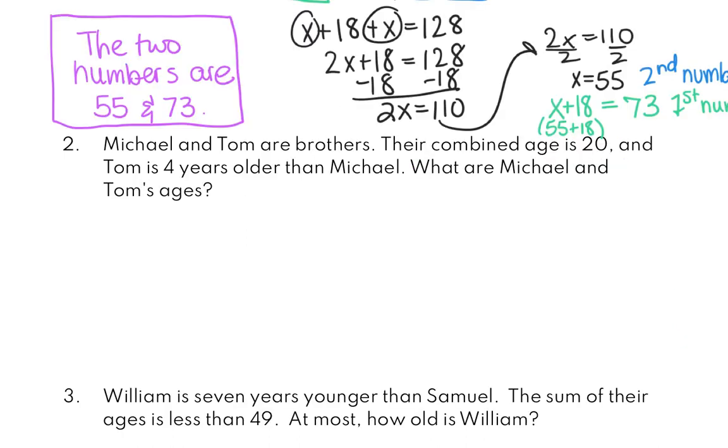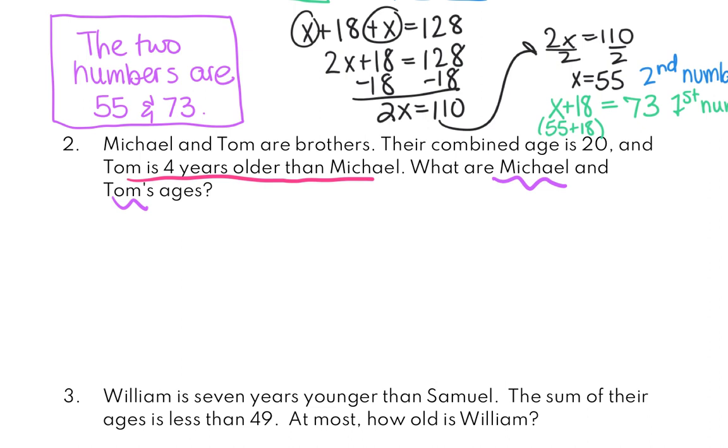For the next question, Michael and Tom are brothers. Their combined age is 20, and Tom is 4 years older than Michael. What are Michael and Tom's ages? So we have two unknowns. Our unknowns are Michael and Tom's ages. We know that Tom is 4 years older than Michael.